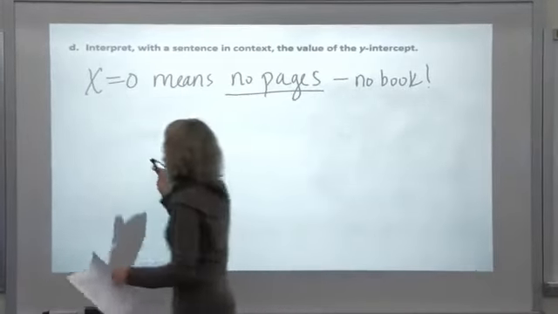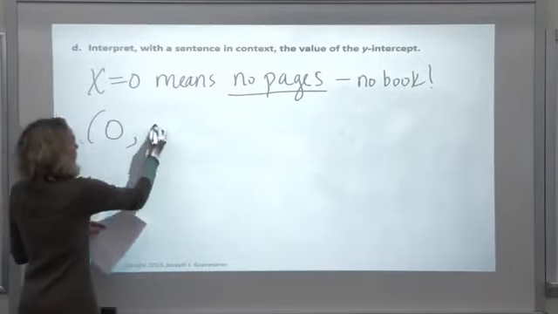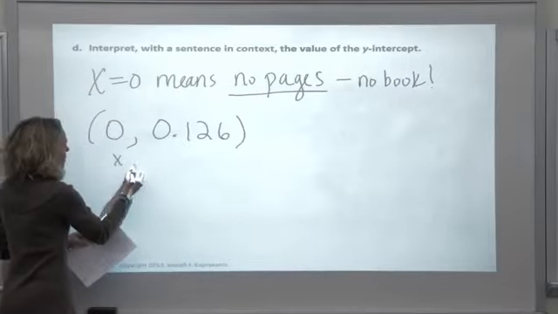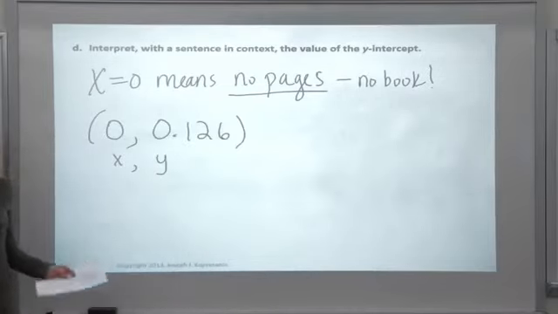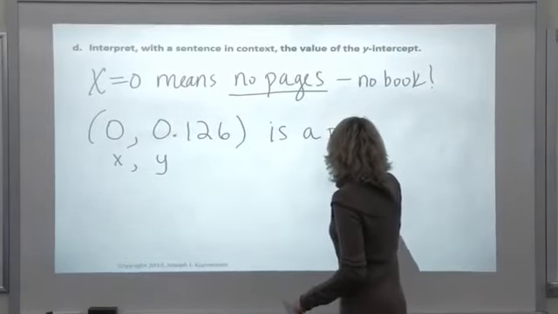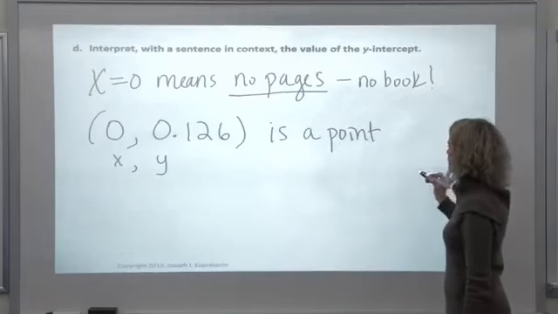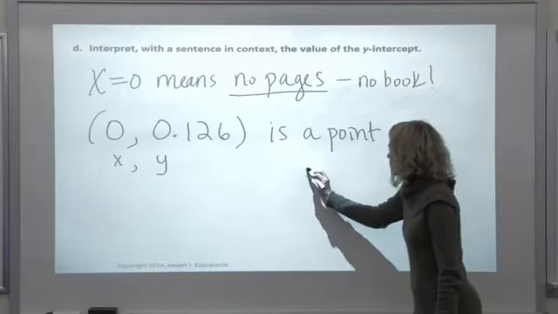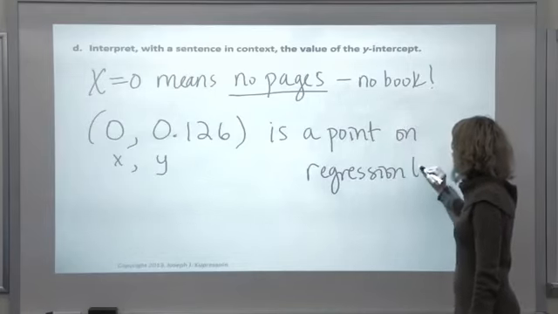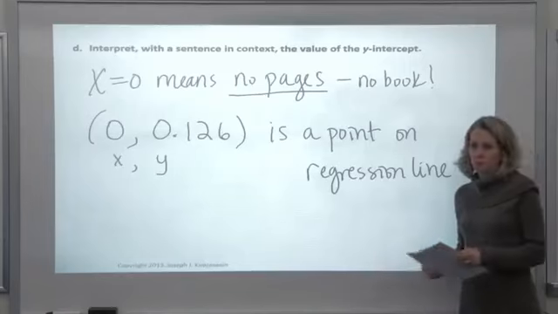The only thing that we'll say here is that the point 0, the y-intercept, that's x, that's y, is a point on our regression line. It's the place where our line is going to cross the y-axis. We might have some small books, but we don't have any books with 0 pages.